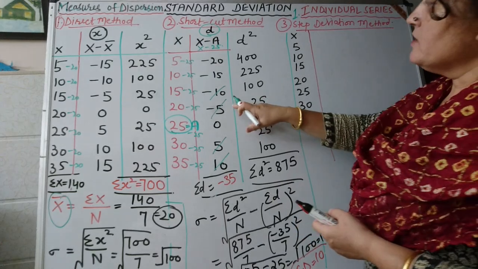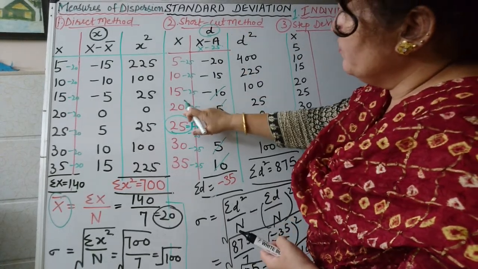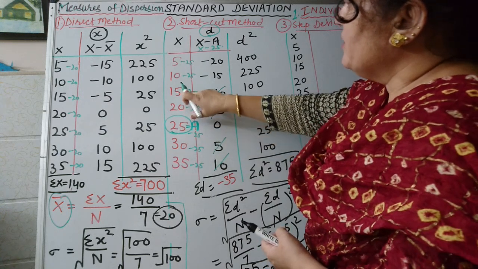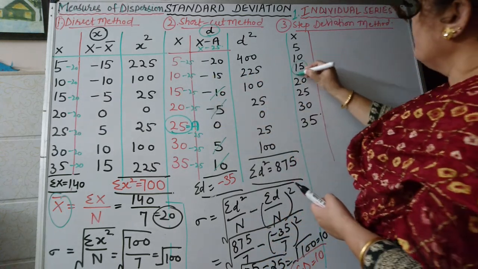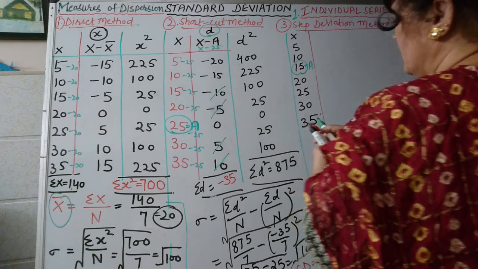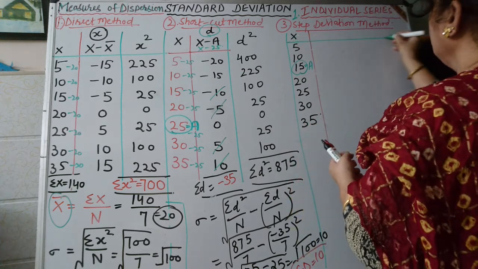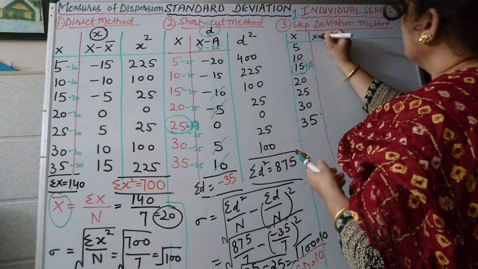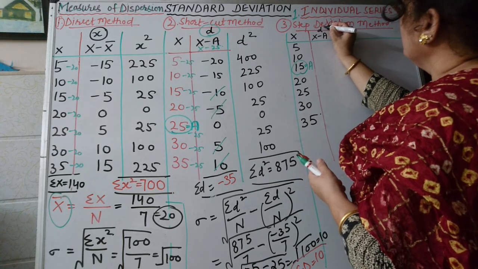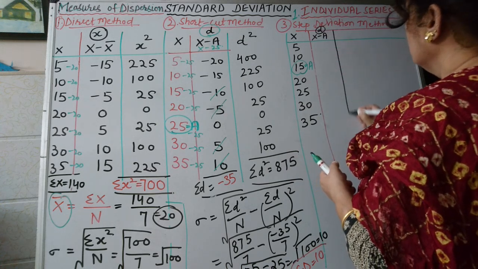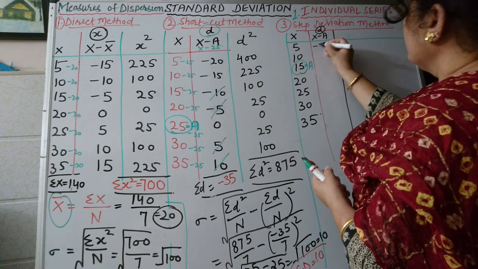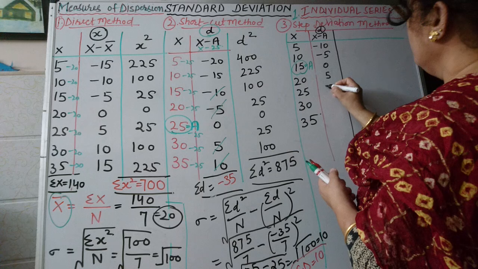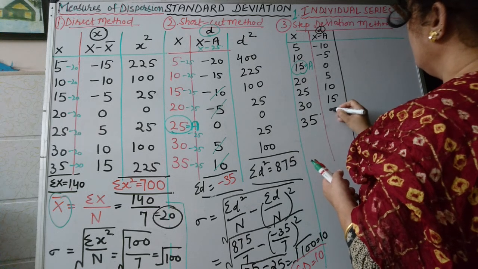Then in our second sum, in shortcut method, we assumed 25. And now I am assuming 15 as the assumed mean. Now let us calculate the value of d. For the calculation of d, x minus a is equal to d, which is minus 10, minus 5, 0, 5, 10, 15 and last one is 20.